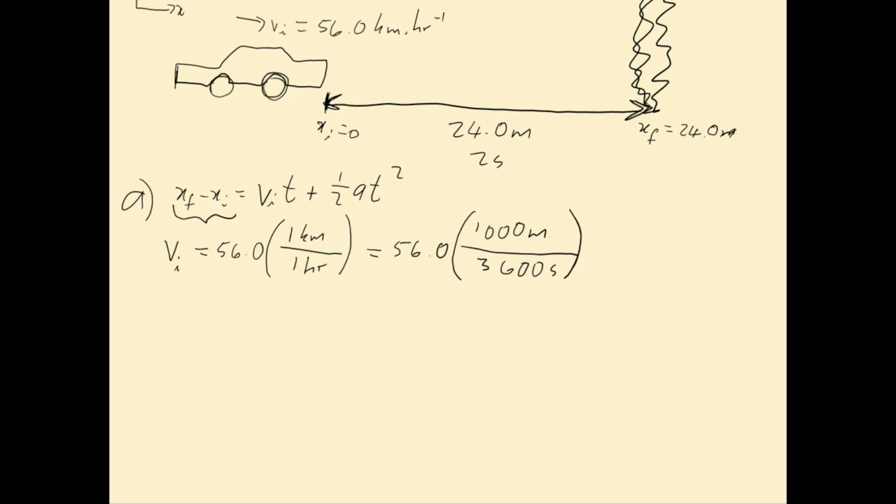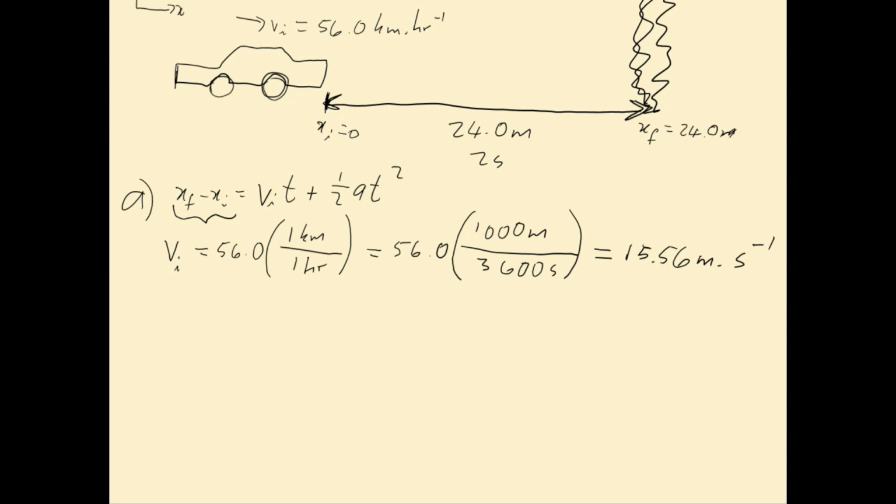Now we can just plug this into the calculator, and we end up with an answer to 2 decimal places. We can make it 15.56 meters per second.